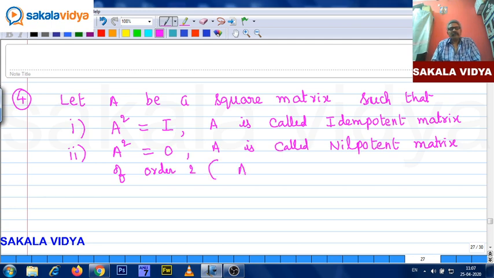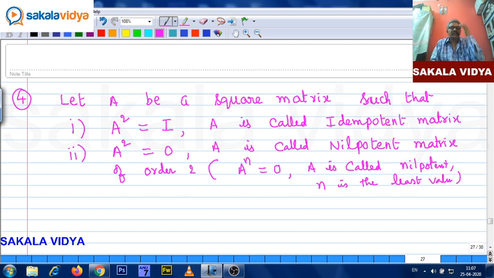For example, A to the power of n is equal to O, then A is called nilpotent provided n is the least value. Because if A square is equal to 0, A cube is also 0, but the least value is 2, that is called order of 2. If A power k or A power n is equal to 0, then A is called nilpotent matrix.